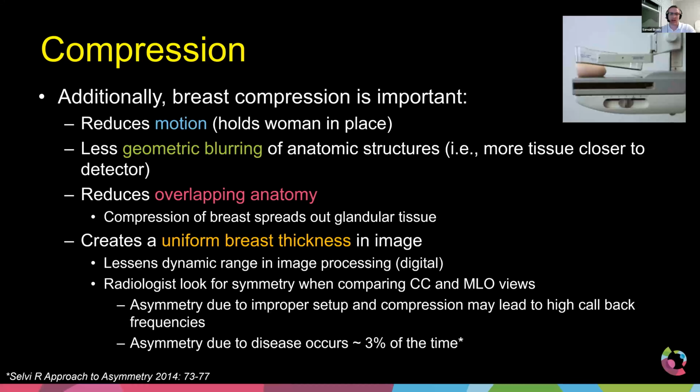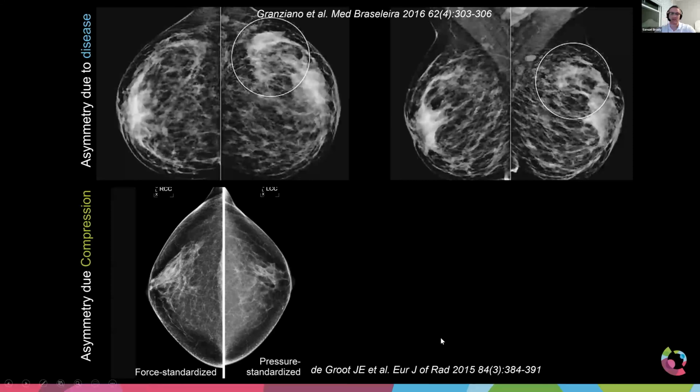So when you look at asymmetry issues, with two breasts shown side by side, only about 3% of the time is the asymmetry you see pathologic, based on disease. In other words, most of the time you see asymmetry, it's actually due to compression failure. So optimizing the compression paddle helps us make sure we get good image quality.